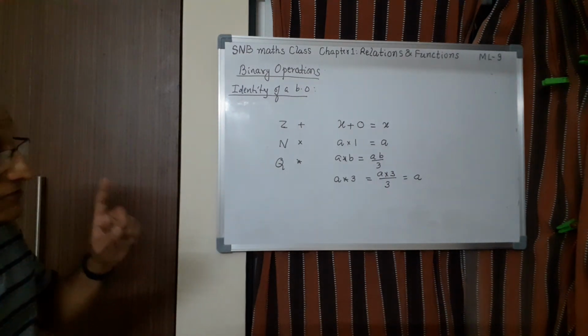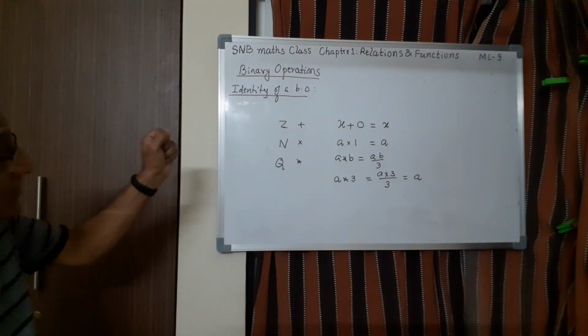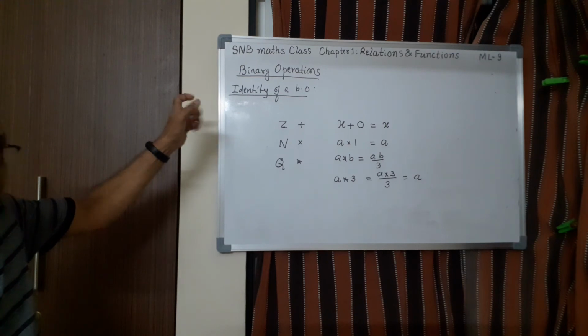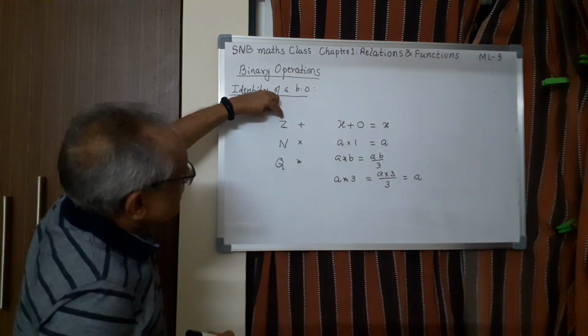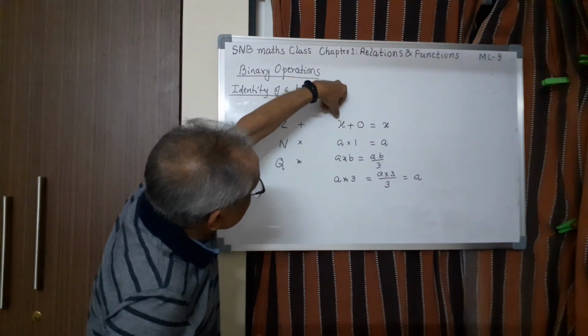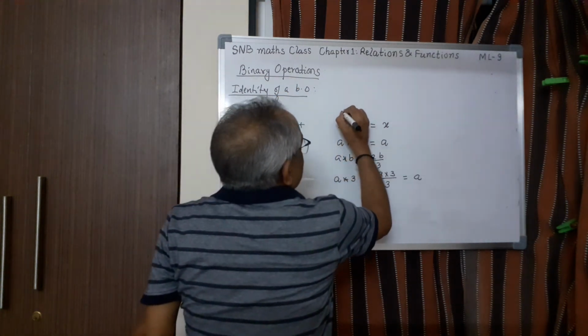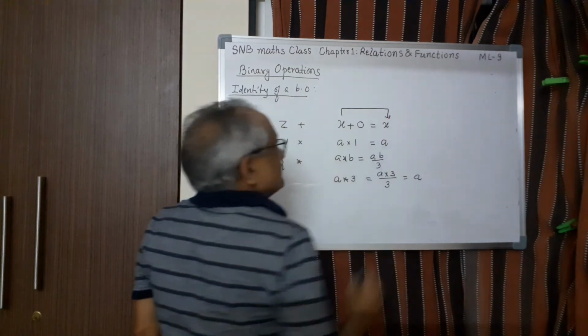Now you have to observe carefully, because you have to catch hold of the concept of identity first. 0 is an element which is here. When you are operating 0 with any other element, you are getting the same element x.